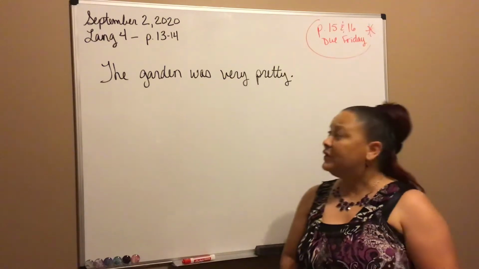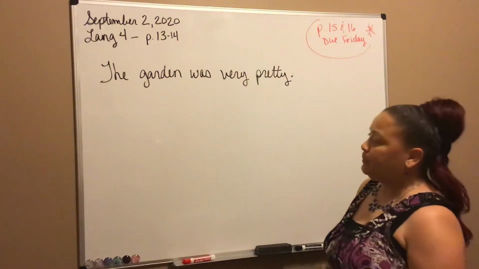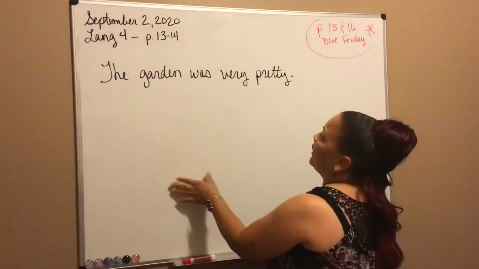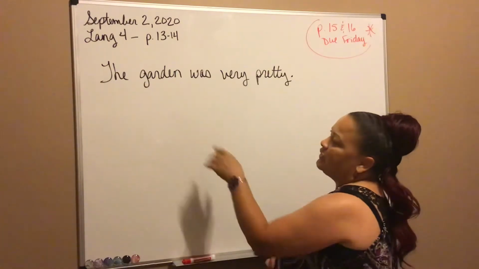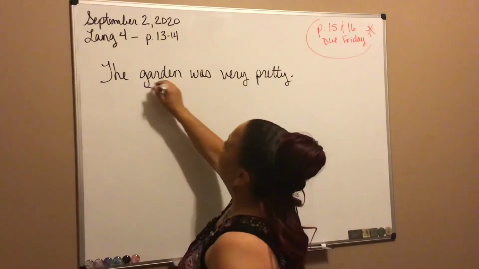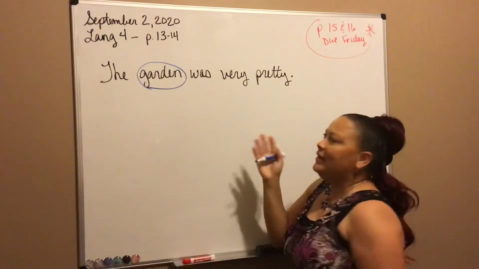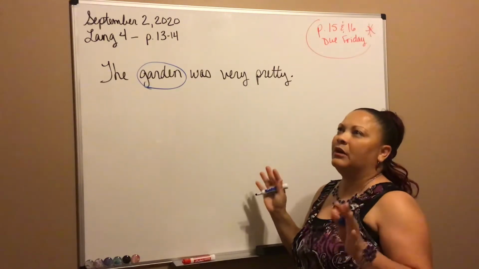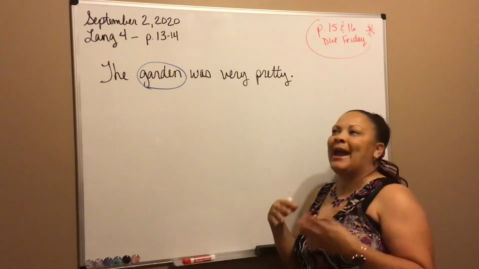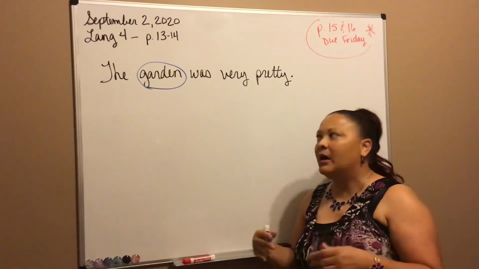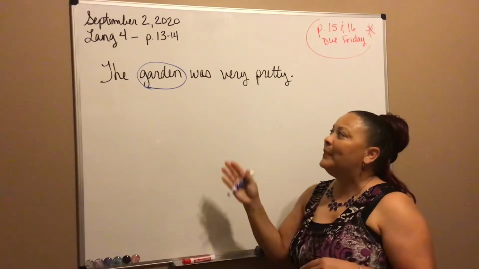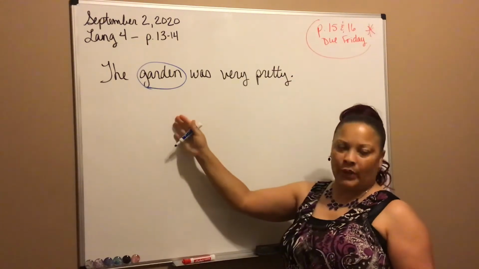Very good. So back to our example on the board. It says the garden was very pretty. First off, let's start with the word garden, okay? Take that word and give me a description of a garden, some adjectives. I know we haven't gotten quite to adjectives just yet, but something that will tell me about a garden.